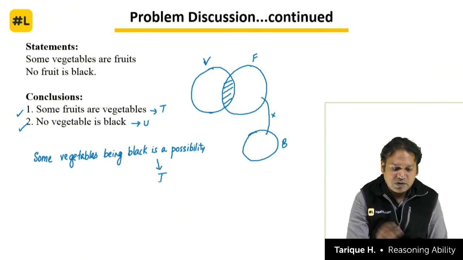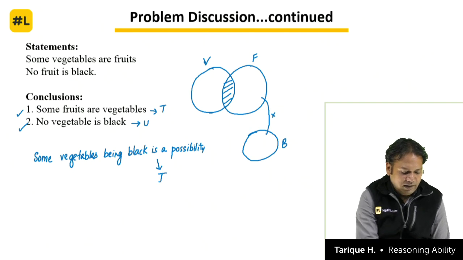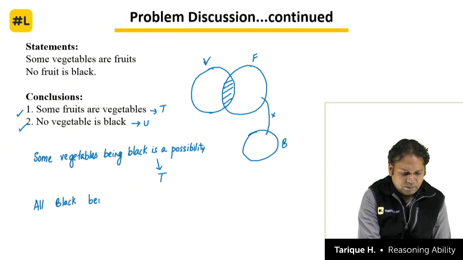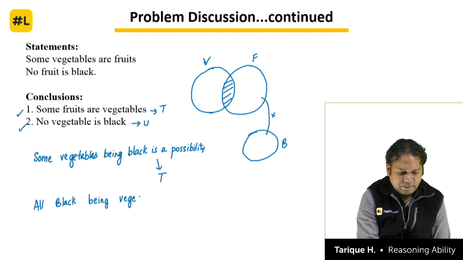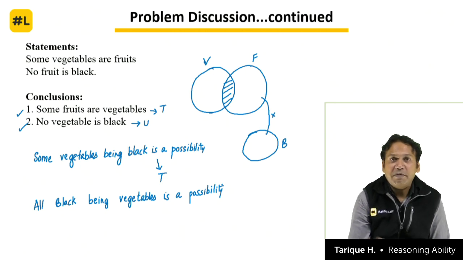So there is a possibility that vegetables and black can overlap. If there is a conclusion which says "all black being vegetables is a possibility", then this would also be true, because we do not know the relationship between black and vegetable.